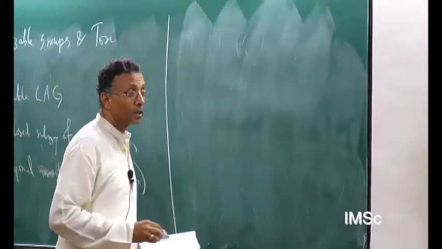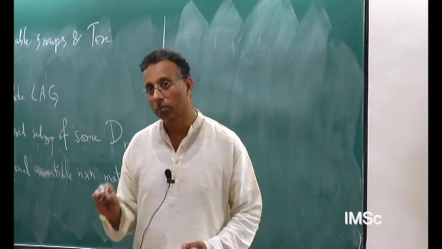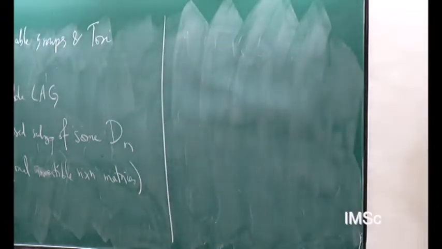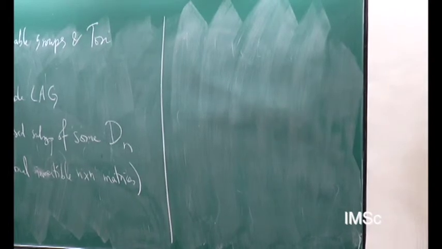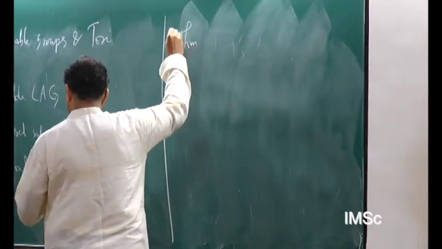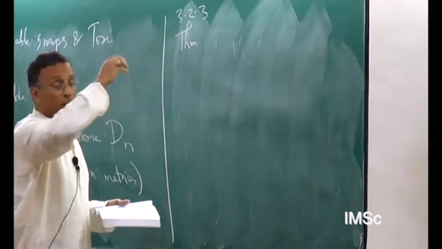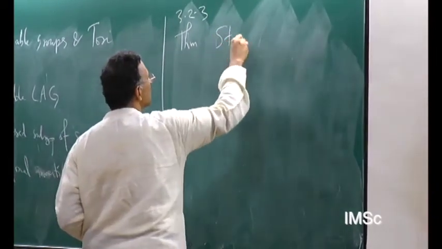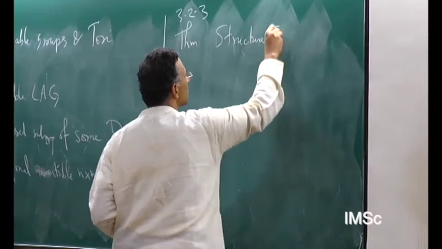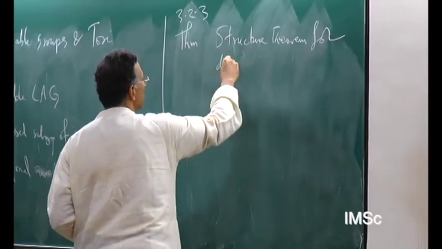So this is the structure theorem for diagonalizable groups. You should think of this as 3.2.3. So I call this the structure theorem for diagonalizable groups.